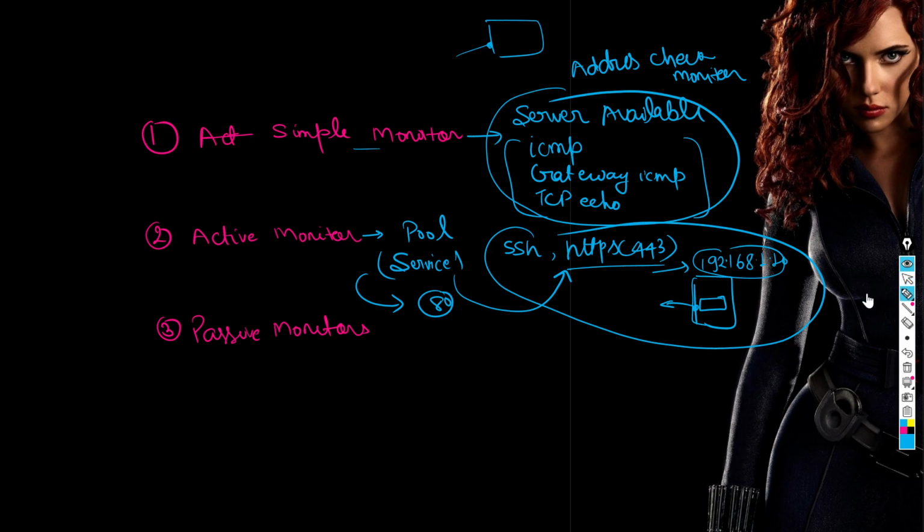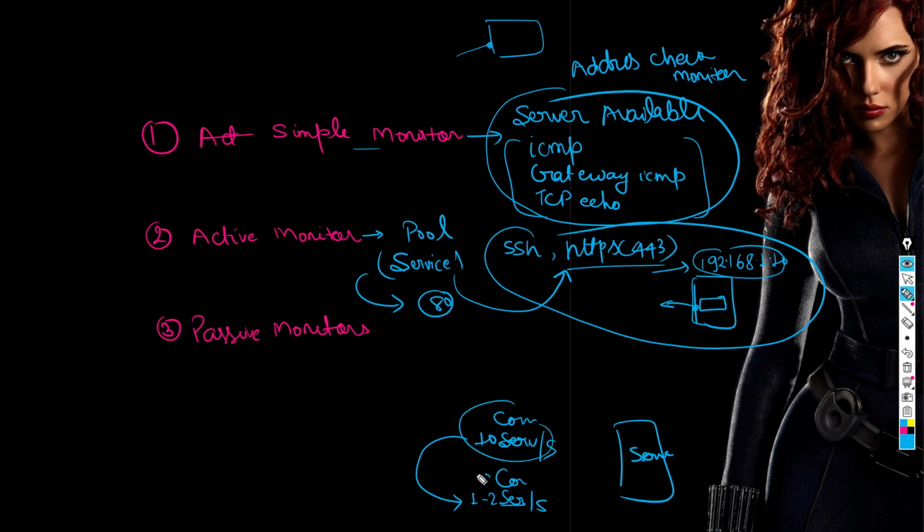Let's say earlier it was serving 10 connections per second, but now it is serving only one or two connections per second. So it has degraded, but can we declare that this server is down or not?